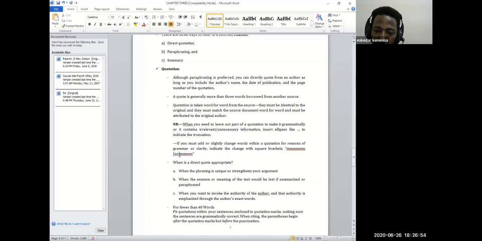This indicates that you have made a change to somebody's work. It is different from the ellipsis: there you leave out some part, therefore you put three dots. Here you took somebody's idea as a whole in a direct quote, but you changed some of his words.